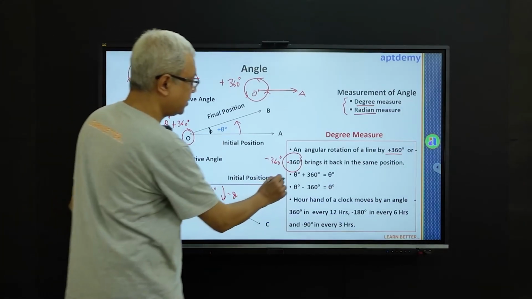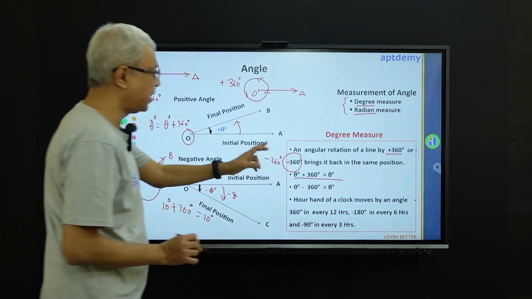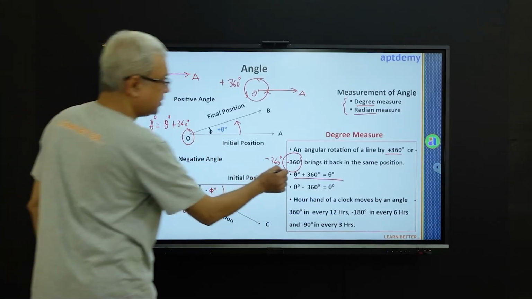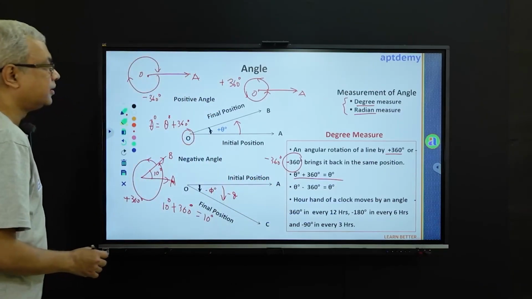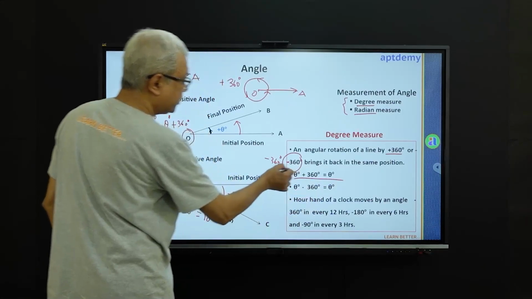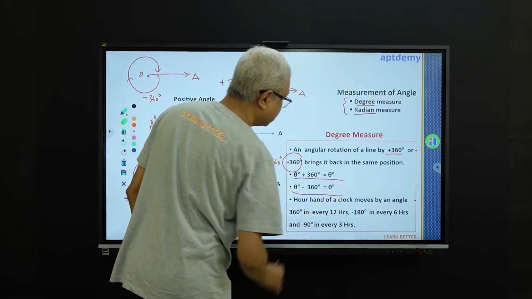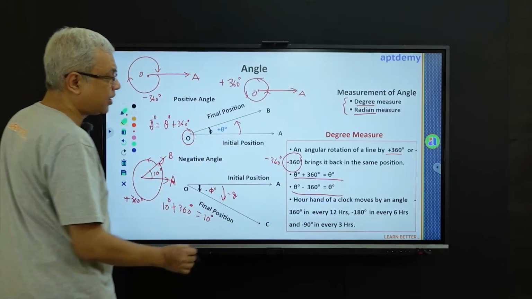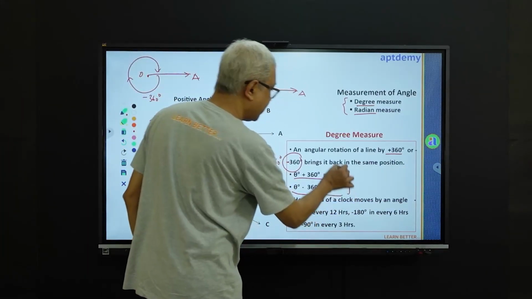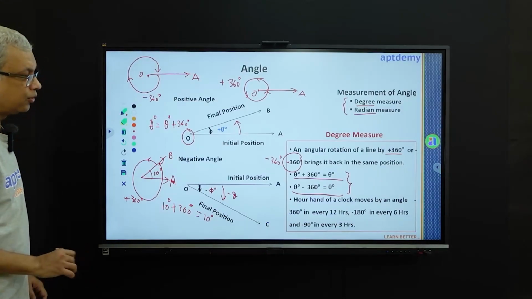So we can write theta degree plus 360 degree is theta degree. Similarly, theta degree minus 360 degree is theta degree. So for angular addition, we have to take care of this convention.